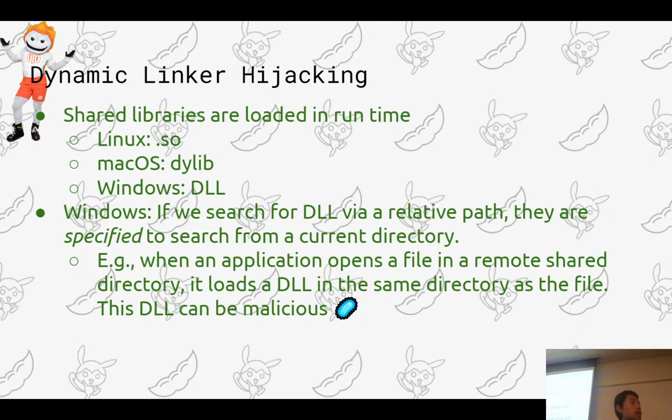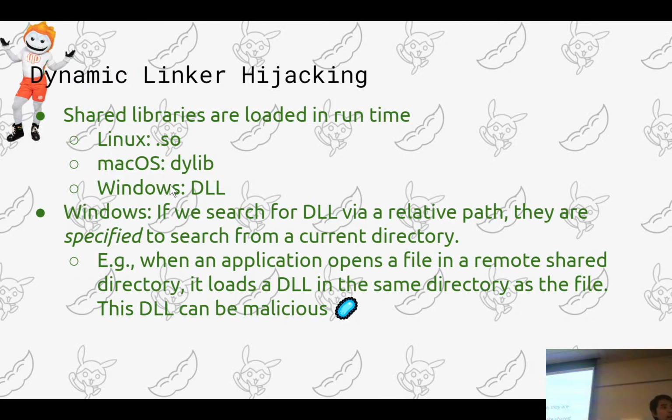As I said, shared libraries are loaded at runtime. In Linux the extension is .so, in macOS dylib, and in Windows DLL. This is a case of Windows. If we search for a DLL via a relative path, it is specified to search from the current directory. What is bad about this?